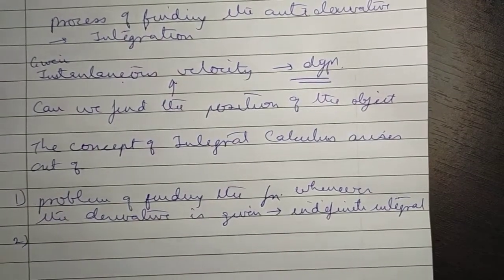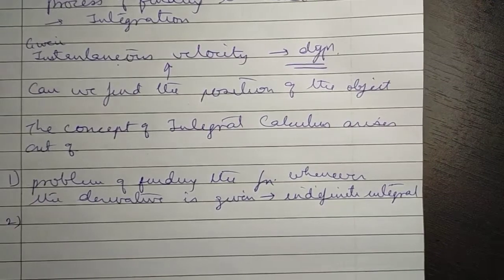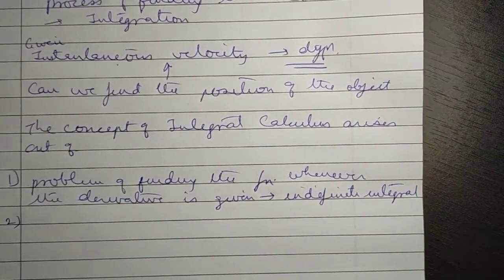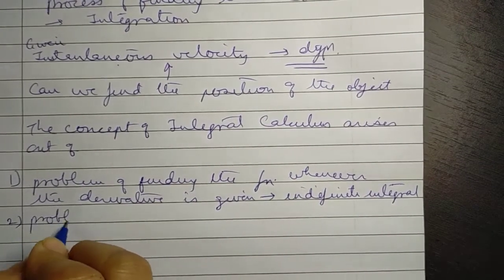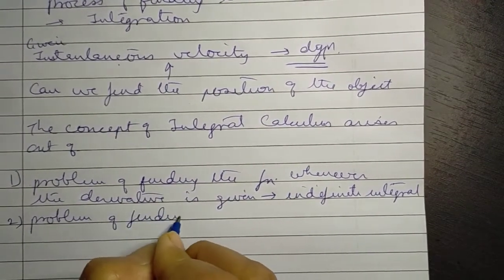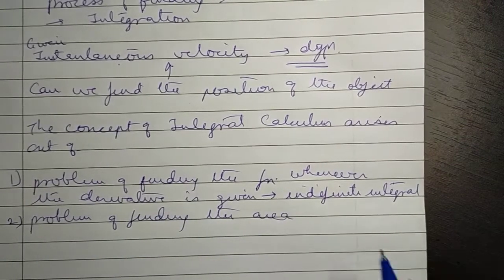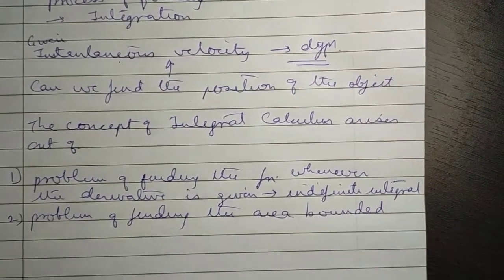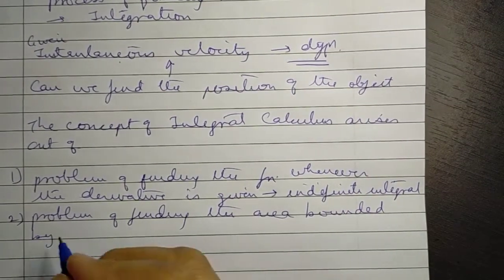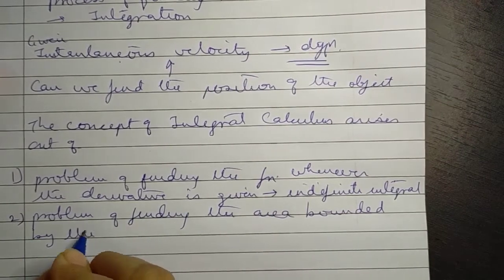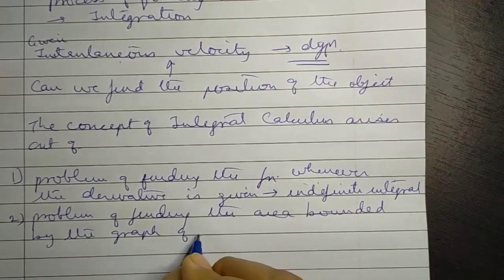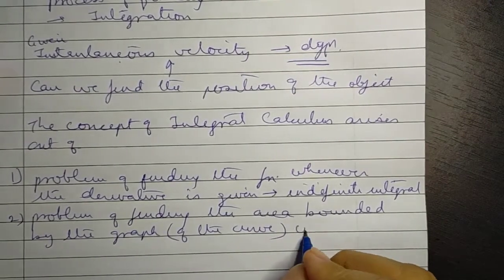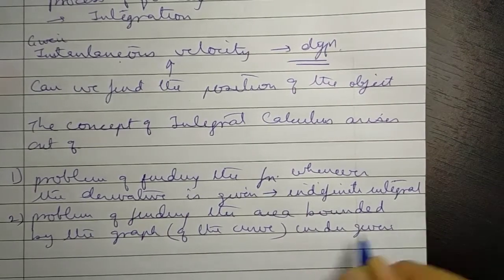Whereas the second kind of problem which we deal with in integral calculus is the problem of finding the area under the curve, or area bounded by the graph of the curve, under given conditions.